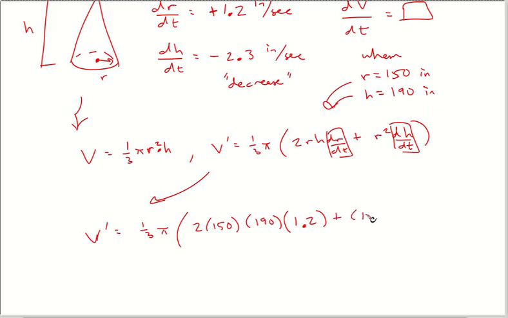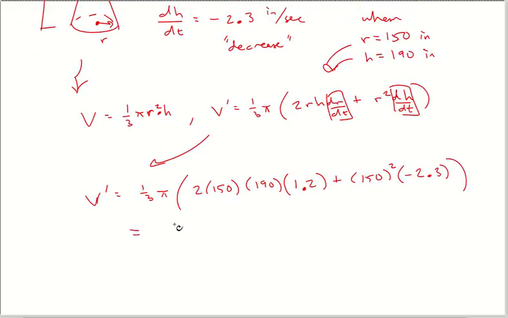R is 150 squared. dh dt is a negative 2.3. Calculator, and basically on your calculator you just don't use your pi, put all the other stuff in, and you get 5550, and then you just put your pi back in for your answer. So that's the quick way to do that.